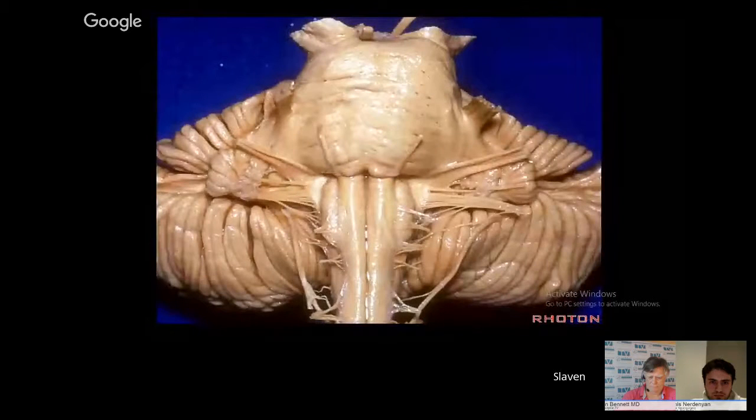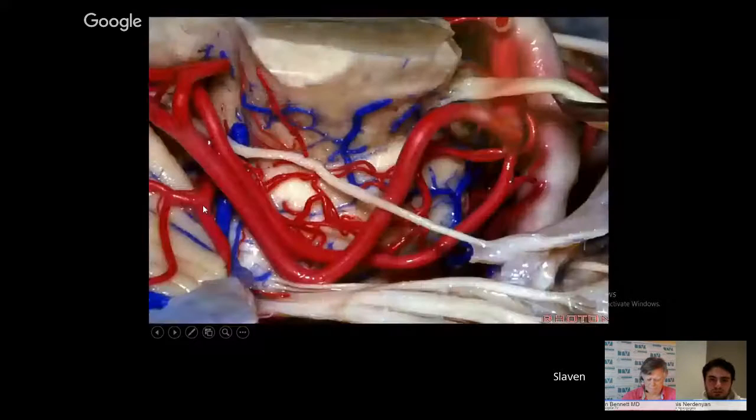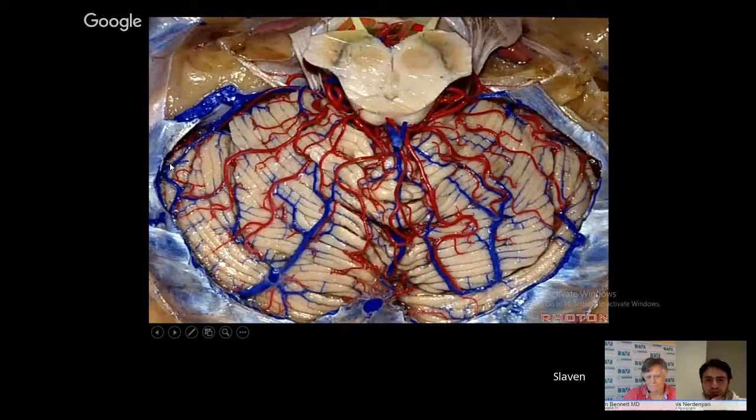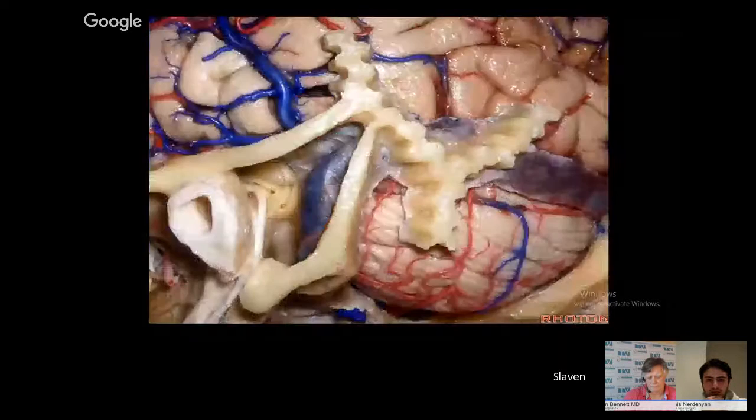So the anterior surface of the cerebellum is the petrosal surface, which can be seen right here. Then we have the superior portion or superior face of the cerebellum, which is looking right into the tentorium. So it is covered by the tentorium, and it is called, therefore, the tentorial surface of the cerebellum.